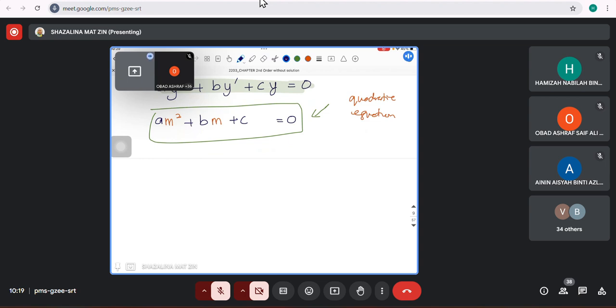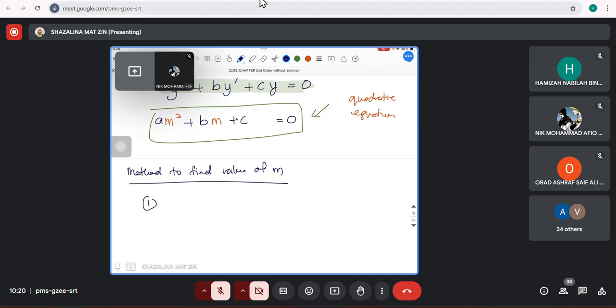Can you give comments here? I want to ask: how to find the value of m? Press the calculator, okay, one. Any more? There are 3 ways.